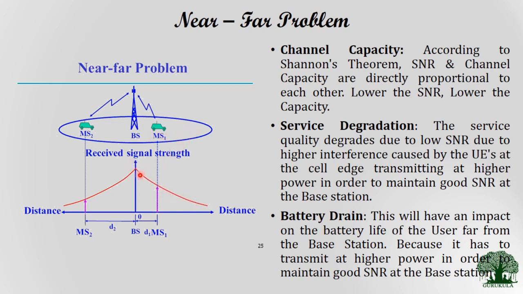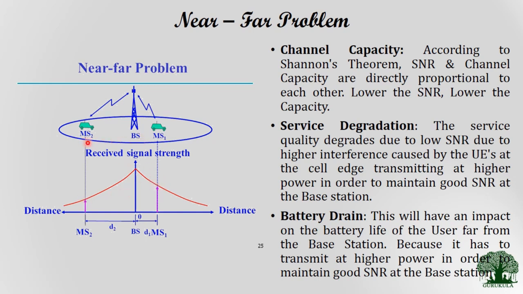That is what is depicted here. MS1 is very close to the base station, so it will have higher power compared to mobile station 2. Mobile station 2 is very far from the base station, so at this distance the received signal strength will be much lesser compared to mobile station 1.